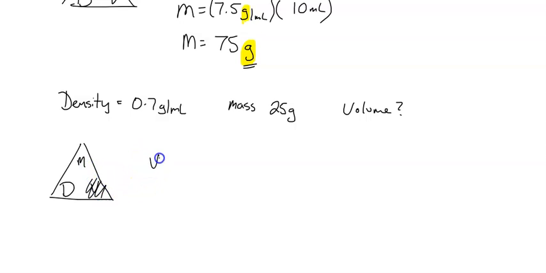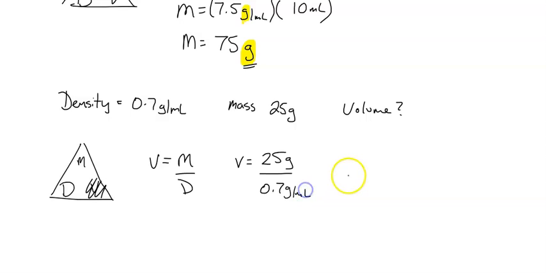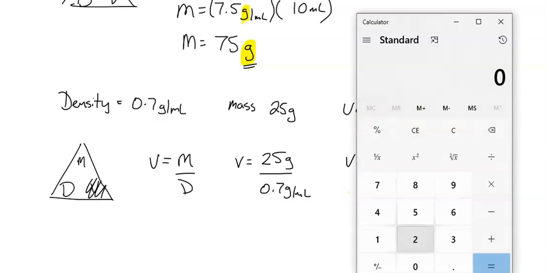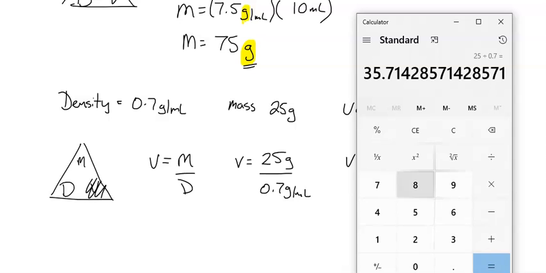Crossing off that, we see that volume is equal to mass over the density. The mass being 25 grams, the density being 0.7 grams per milliliter, means the volume is going to be, now when you type this into a calculator, right, you take 25 divided by 0.7, you get this number here.